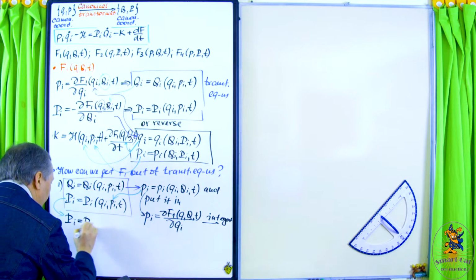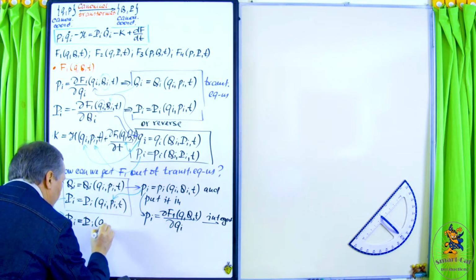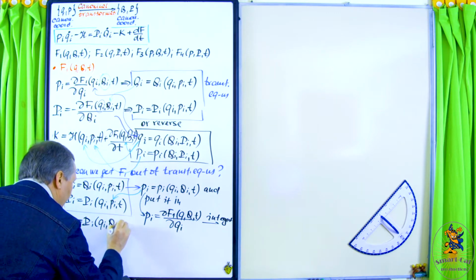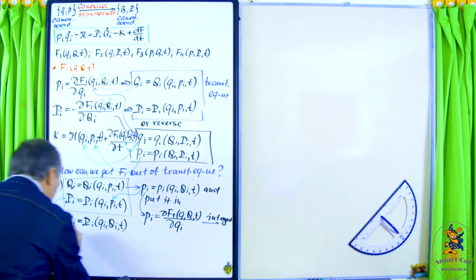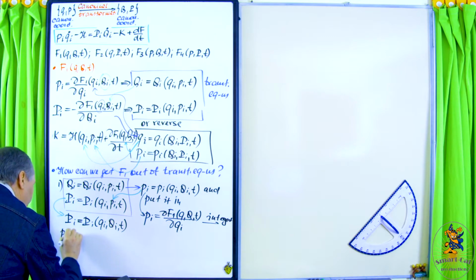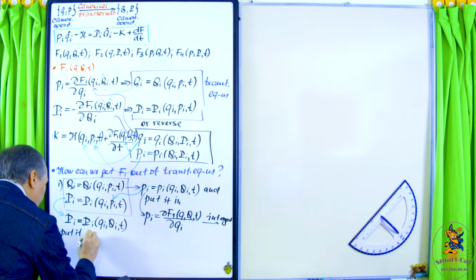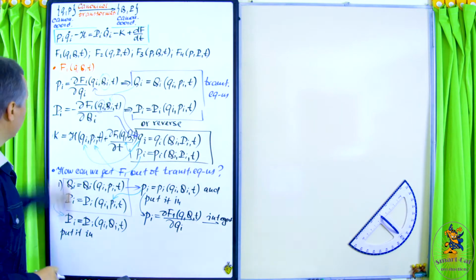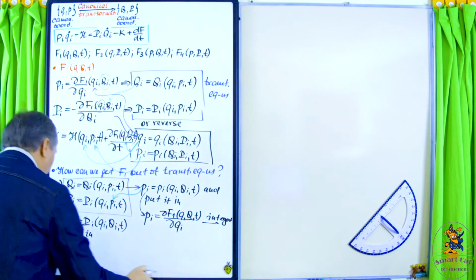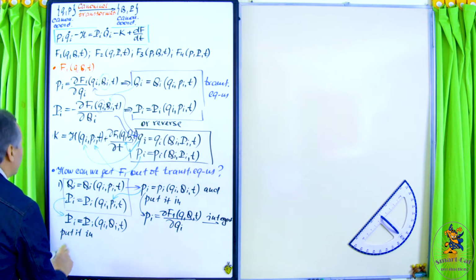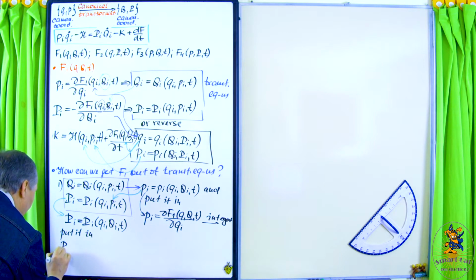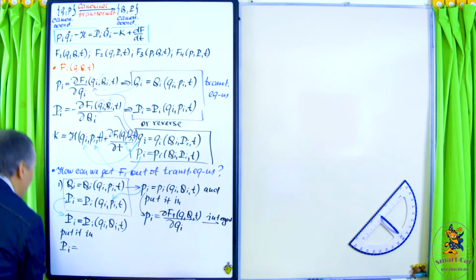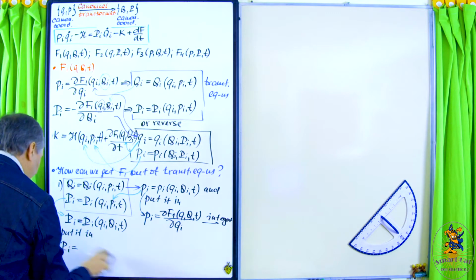P as a function of Q small, Q capital, and time, and then put it in the second equation. That's one, right? Okay, here it's more difficult to write. Okay, let me try it.